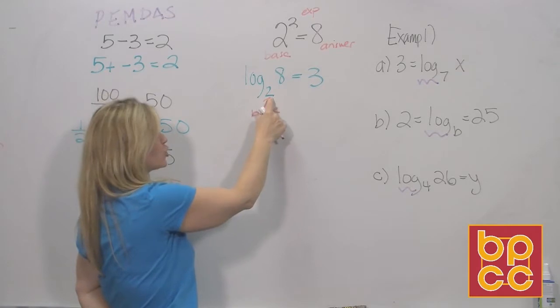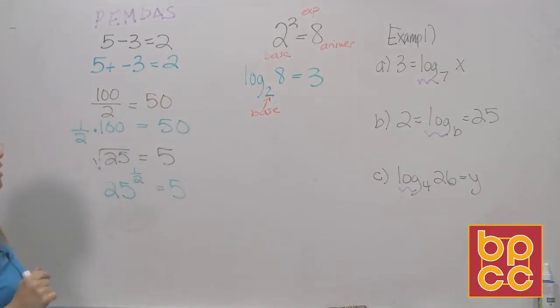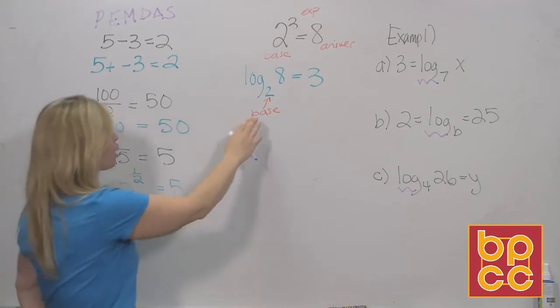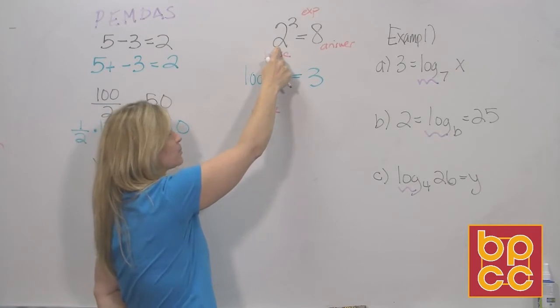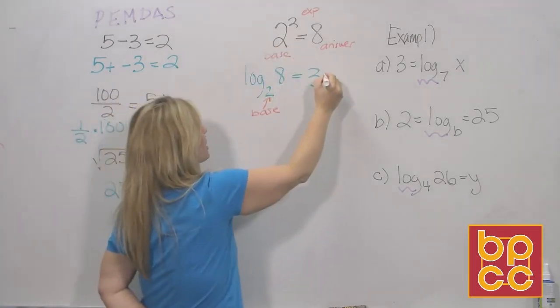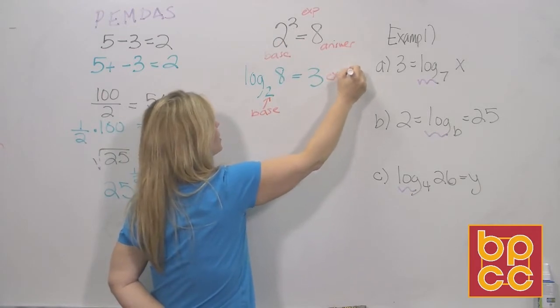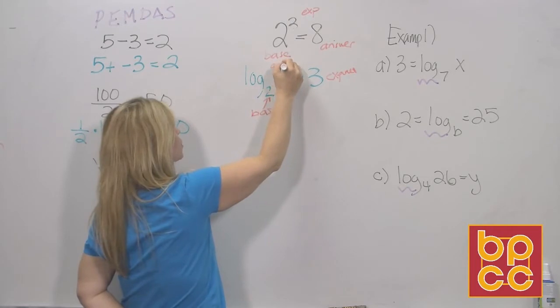Log base 2, 8 equals 3. Okay? What I want you to notice is every log equation has a base because when you change it to an exponential equation, it has to have a base. Okay? In this log equation, the exponent's here because the exponent was our 3. And right next to the word log was the answer.